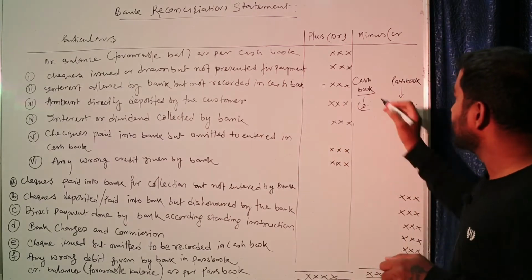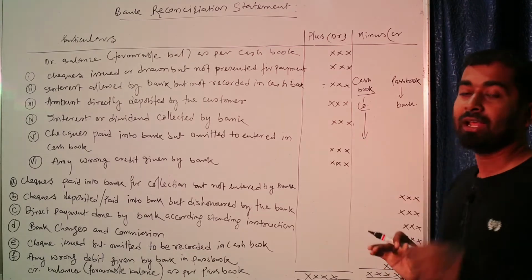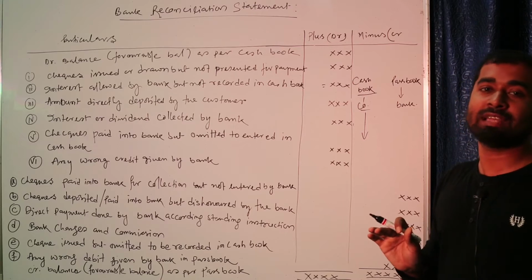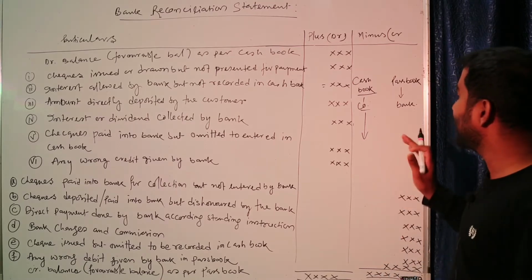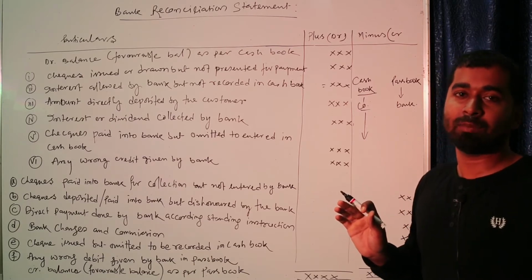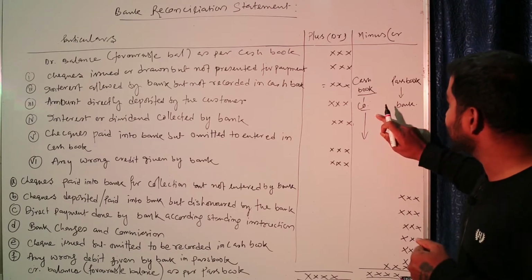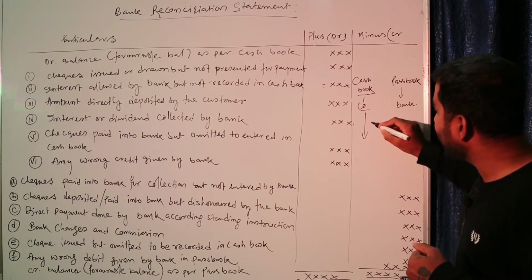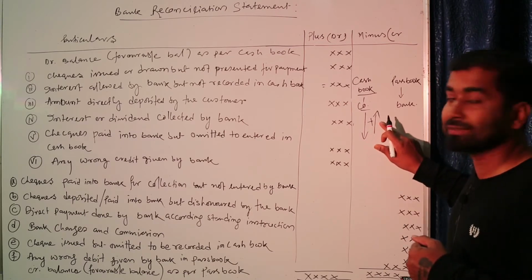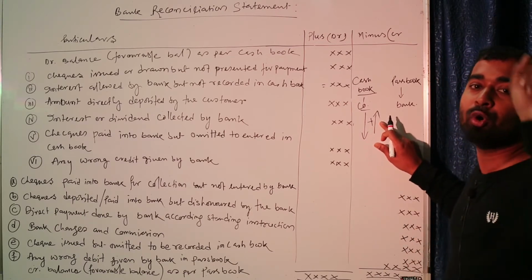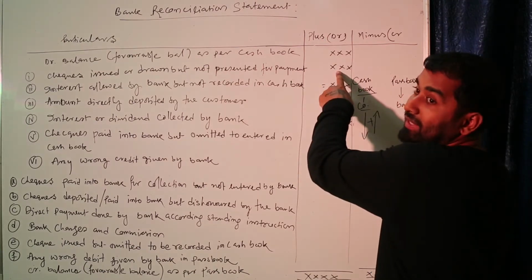That's why the cash book has already subtracted it. So the cash book has already reduced that much value, whatever is mentioned in the cheque. But if the person has not visited the bank and not withdrawn, then at that time what should we do? We should add that amount back to the cash book. Adding back is indirectly debit, that is the plus side. So I have written it on the plus side.